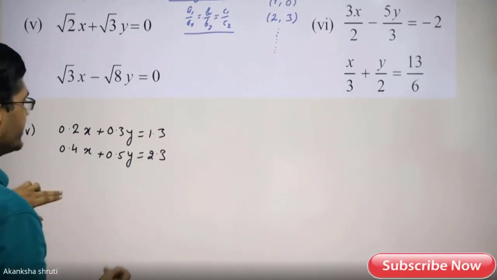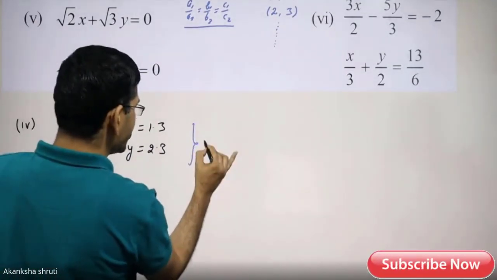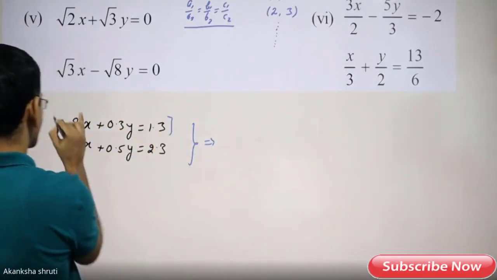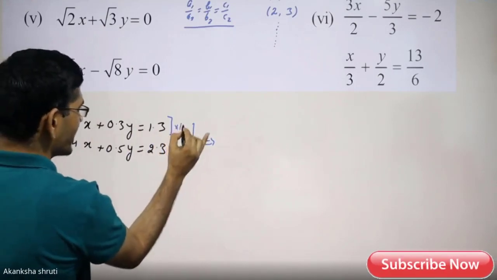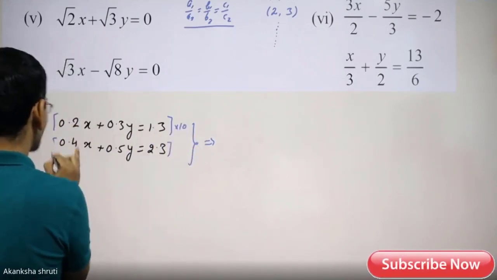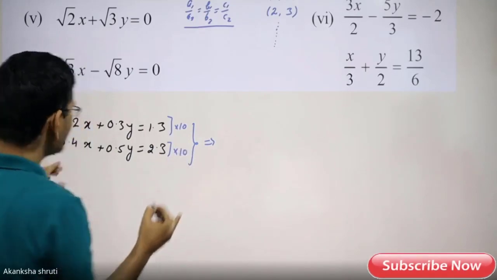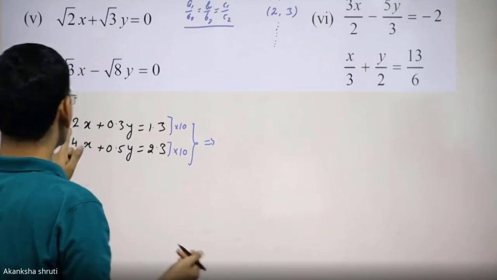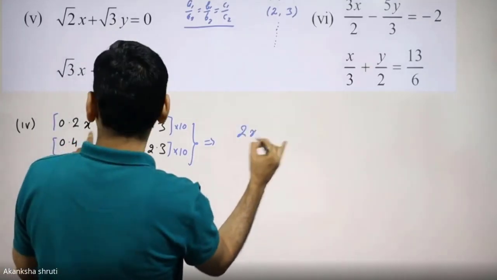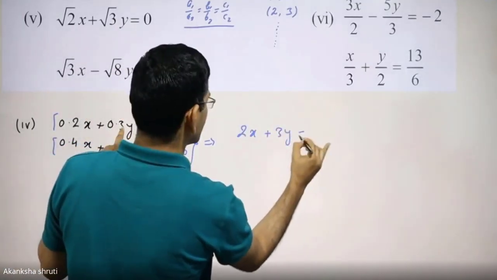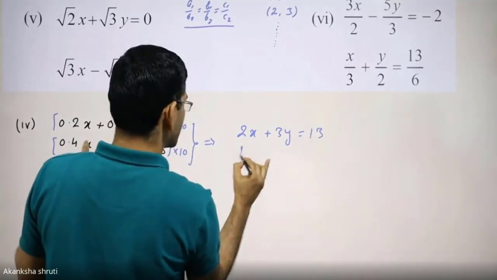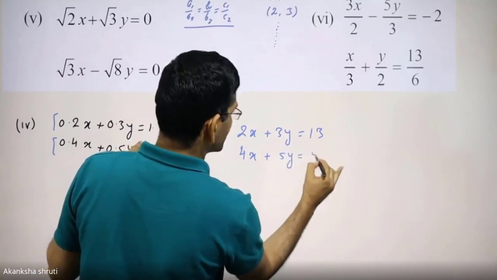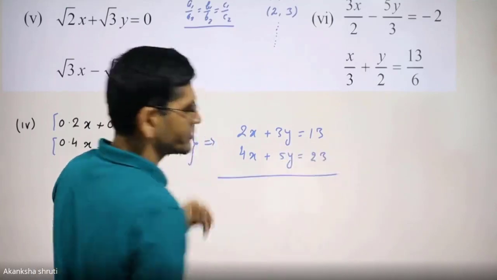So that's why this equation is identical to, or directly you can write multiplying this by 10 first. What we are doing? Multiplying this by 10. Also multiplying this by 10. So that we become free from this decimal. जब decimal खत्म होता है तो आपका fear खत्म हो जाता है. So it becomes simply 2x plus 3y is equals to 13, and this is 4x plus 5y is equals to 23. ऐसा equation बहुत easy है.